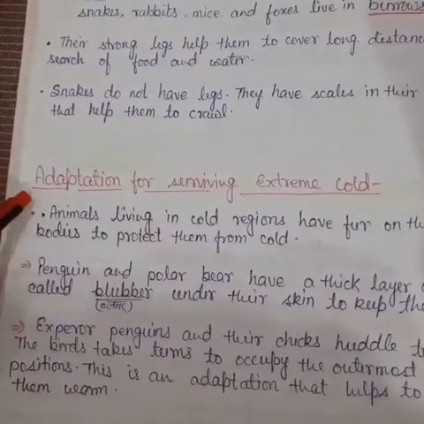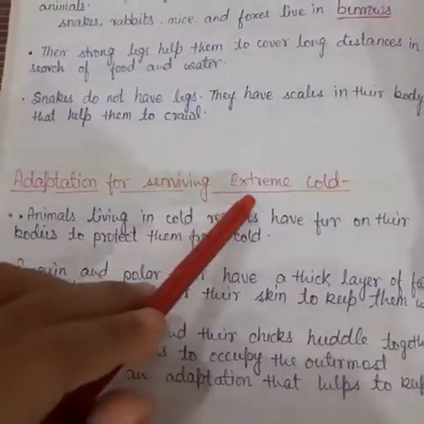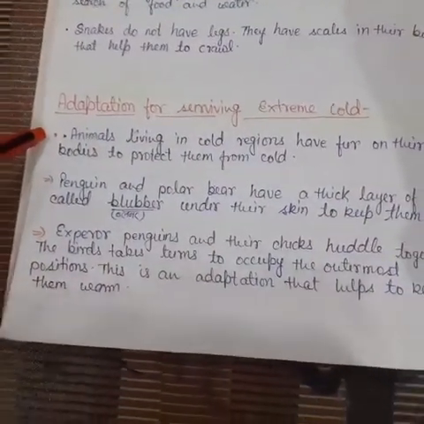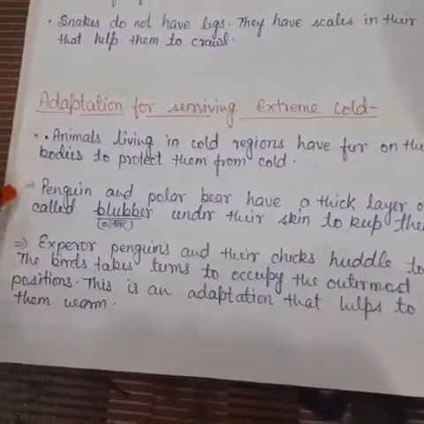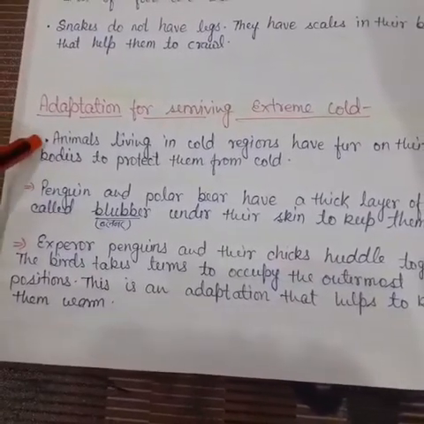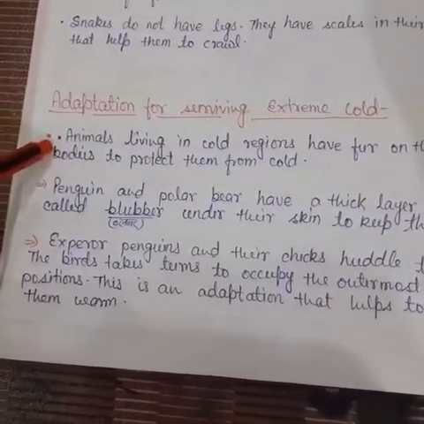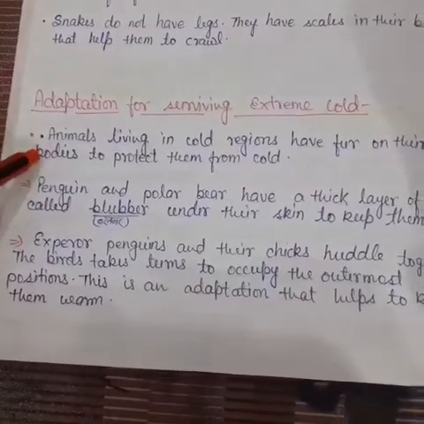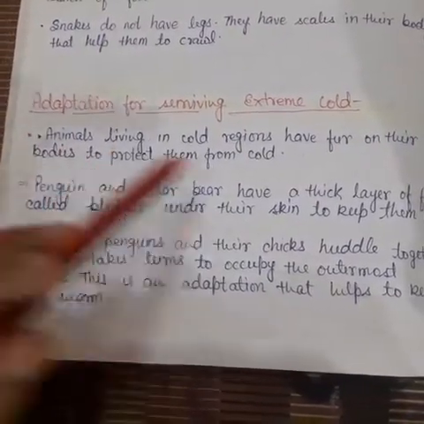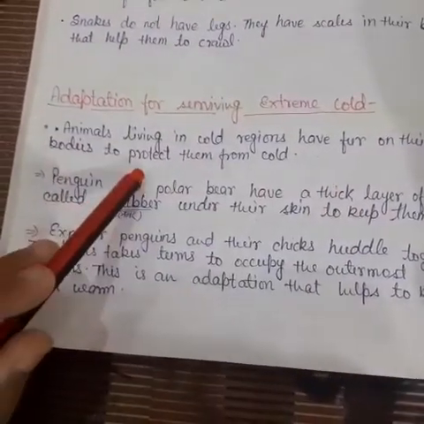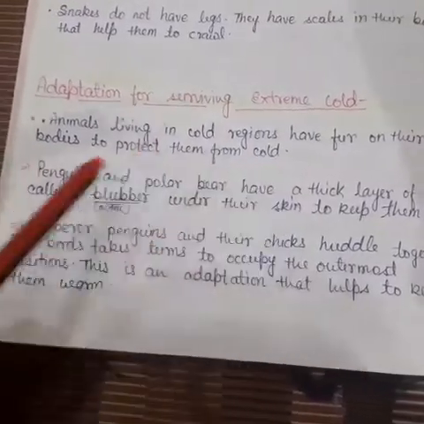Second, the adaptations for surviving in extreme cold areas. Here again I have defined different topics. First, animals living in cold regions have fur on their bodies to protect them from the cold.